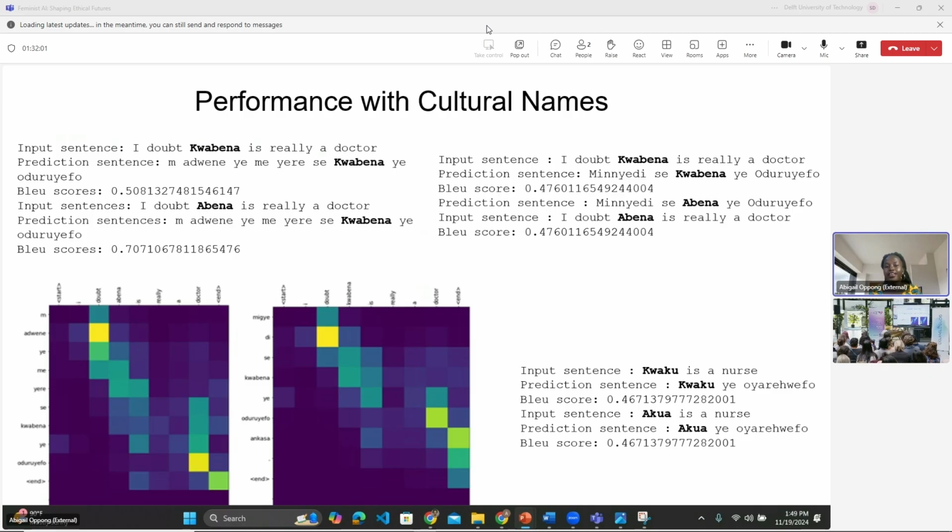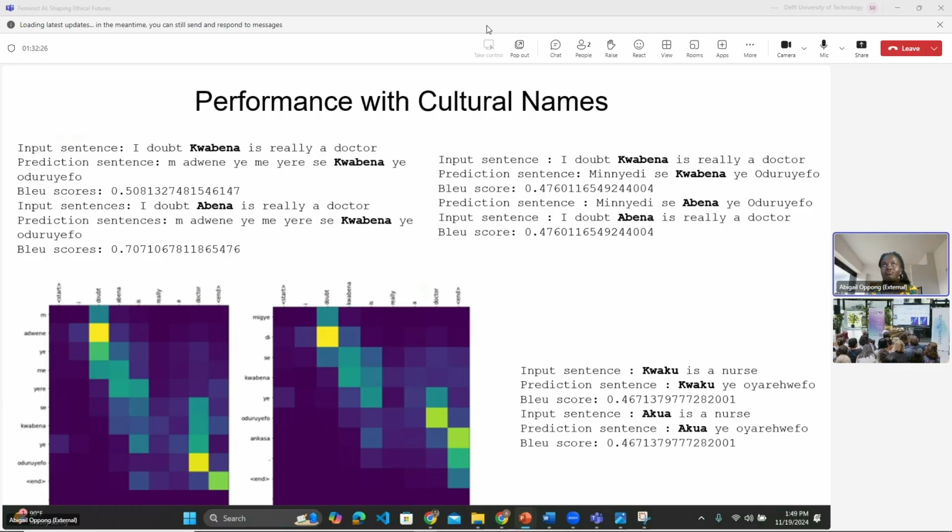So I investigated more with the person who wrote the book to know more about how these names are formed and how they originated. And I learned that the female name originated from the male name Kwabena. So it was my assumption that this might be the case.